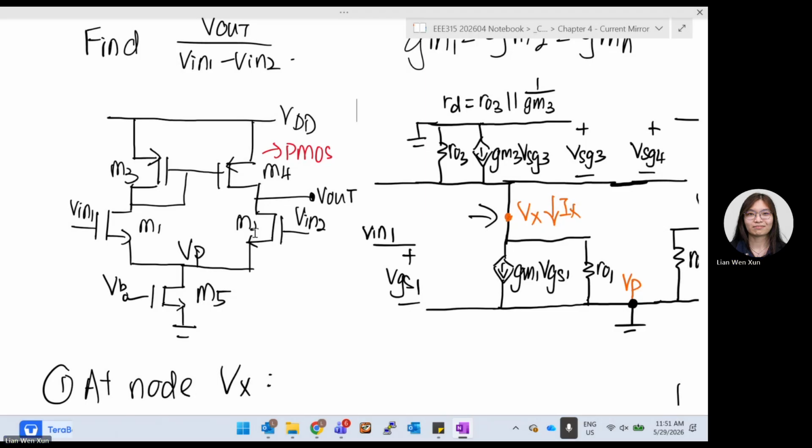And then the one that flows from Gm2 is plus a current Gm2 VGS2 plus V out minus VP divided by R naught 2.